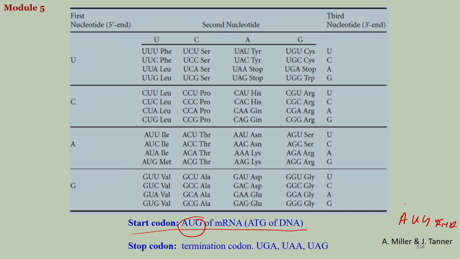Therefore, the tRNA will have the sequence of U, A, C. This would be the anticodon of the tRNA, and this tRNA would always carry a methionine, and this is called the start codon. That is where your protein synthesis starts.